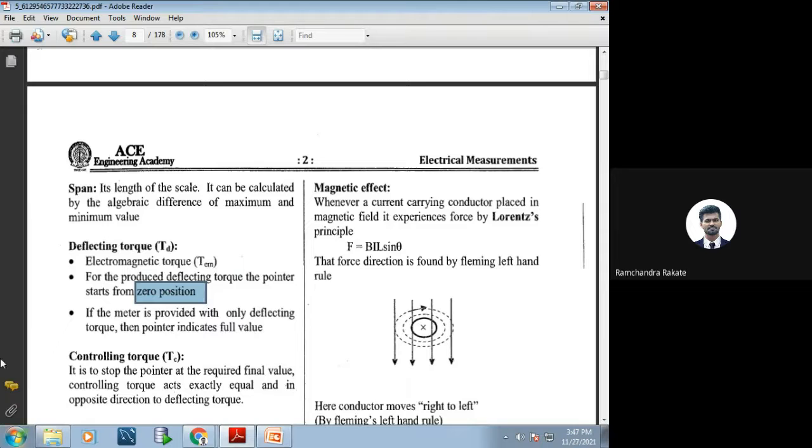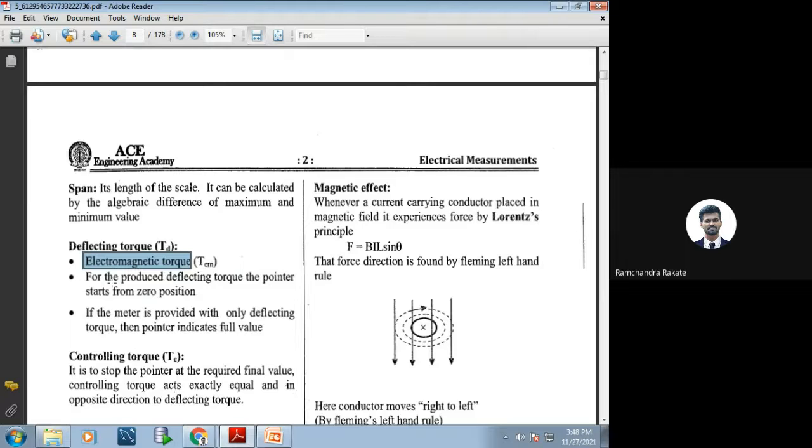As they are saying, this is an electromagnetic effect or electromagnetic torque. So definitely there will be a moving coil instrument and a dynamometer type instrument. If you are saying it is an electromagnetic effect, there will also be an induction type instrument. Whenever such instruments are used, there will be the presence of electromagnetic torque.